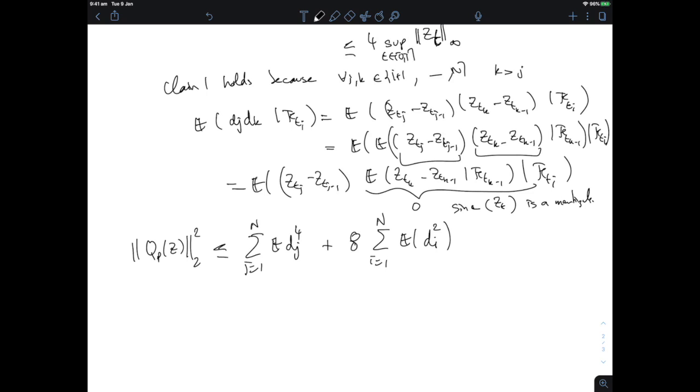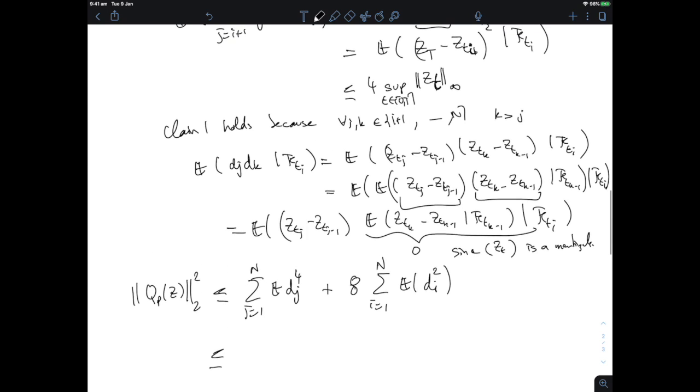Okay, now let's put these things together again. Oh sorry, I forgot here the term, the supremum of Zt infinity, which was squared here by the way. Supremum of Zt infinity squared.